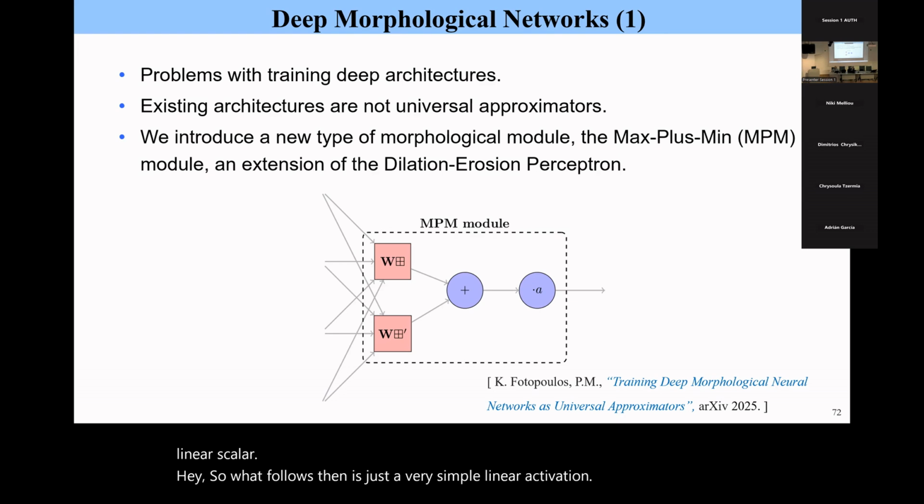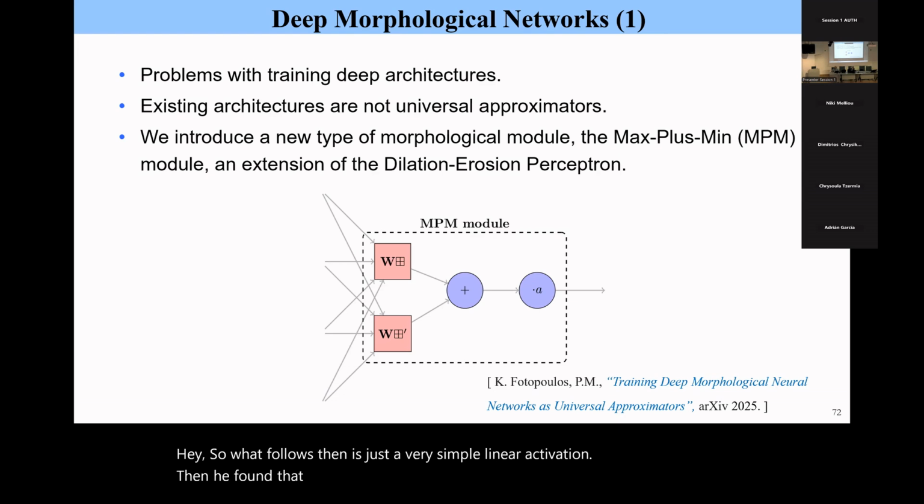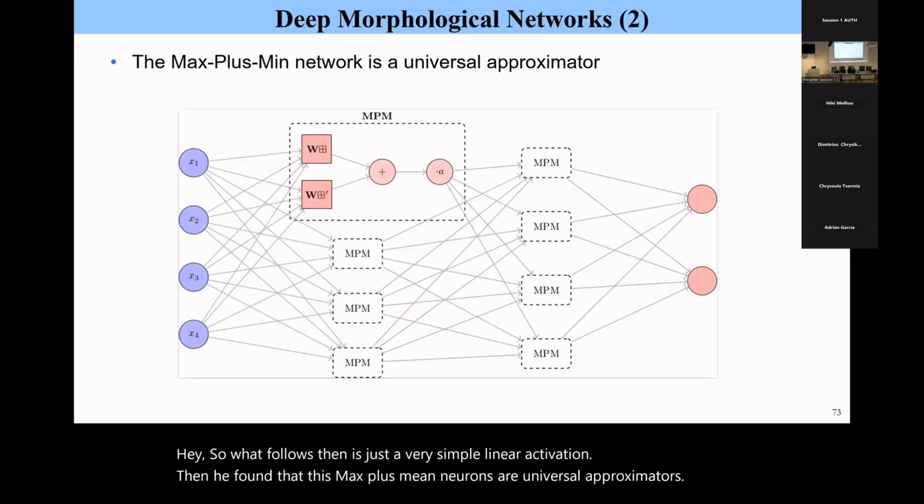Then we have found that these max plus min neurons are universal approximators. So this is an interesting theoretical result.